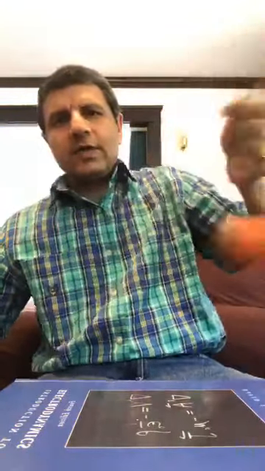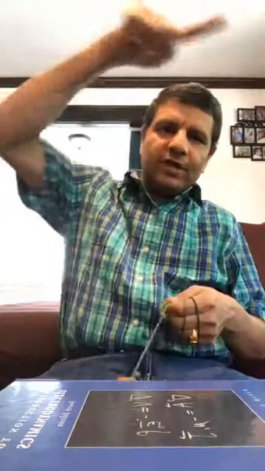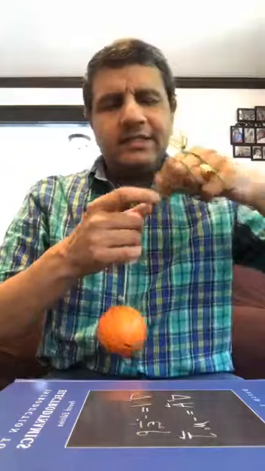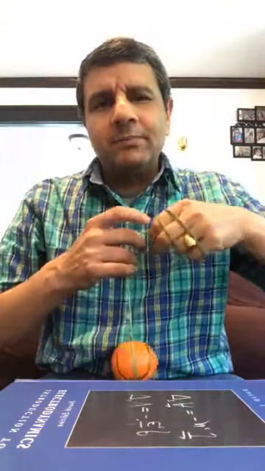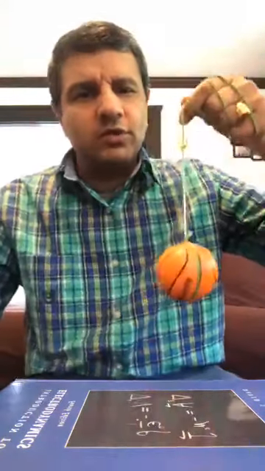Or I can move it like this in a vertical circle. So the ball is now making a vertical circle. Now let's try to understand how Newton's laws of motion work here, even in this very simple demonstration.